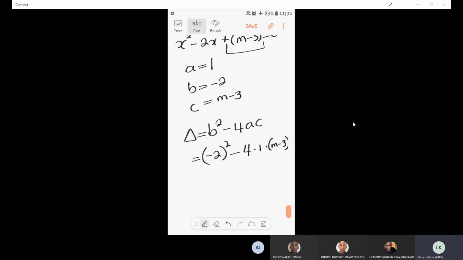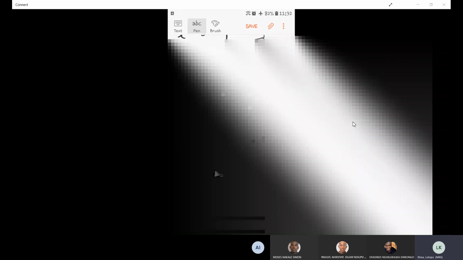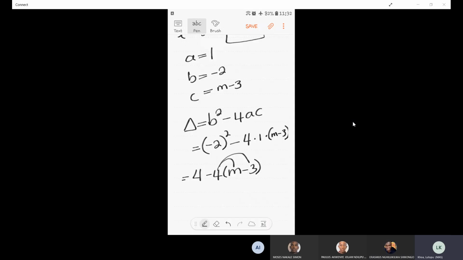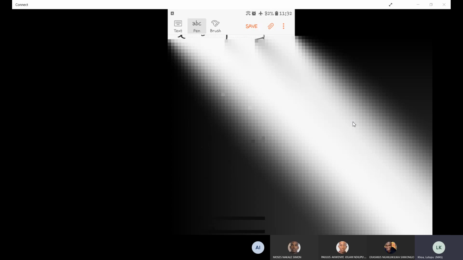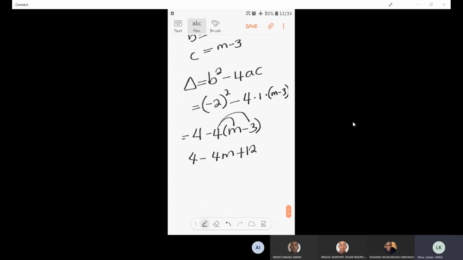Okay, so we can just simplify this. This is 4 minus 4 times m minus 3. So this will multiply inside. Then we have 4 minus 4m plus 12. I simplify this. This is 16 minus 4m. So this is my discriminant.